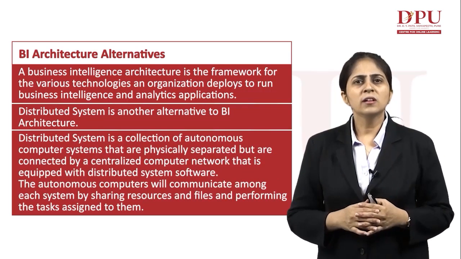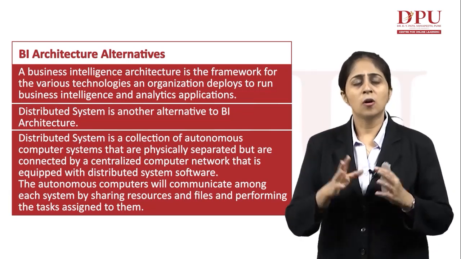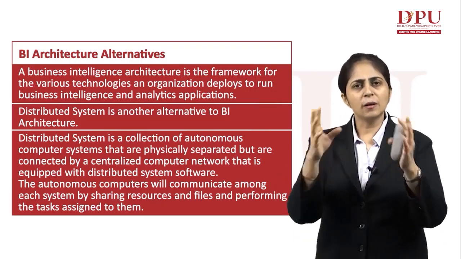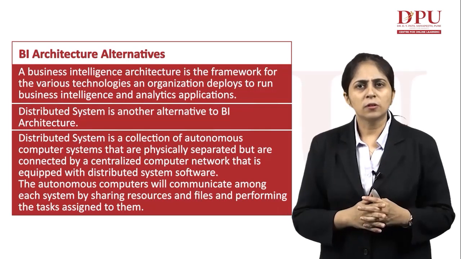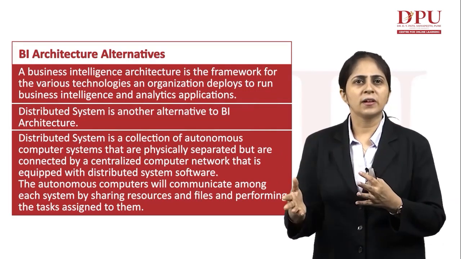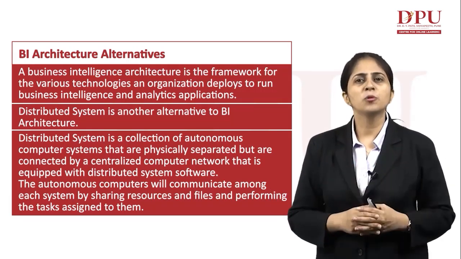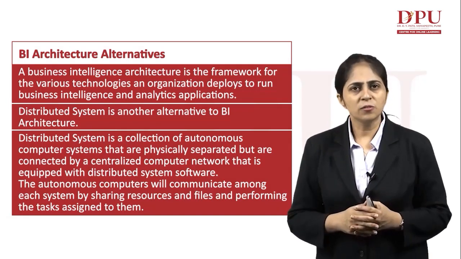A distributed system is a collection of autonomous computer systems. Autonomous means they are separate computers which can perform all the tasks by themselves. They are autonomous computers that are physically separated but are interconnected by a centralized computer network that is equipped with the distributed system software.